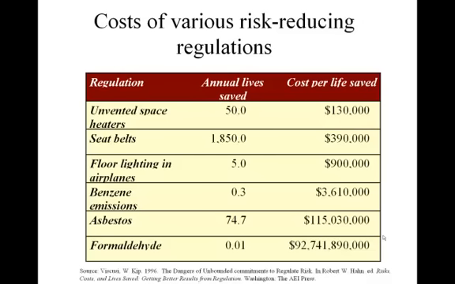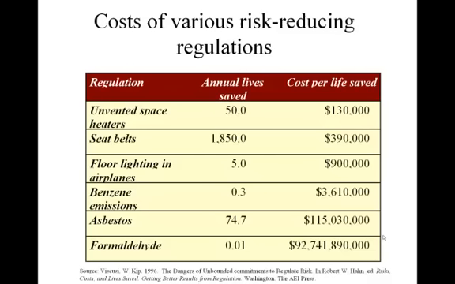Formaldehyde is another extreme case where we've got regulations. Maybe the cost of those regulations is not so onerous, but we're hardly saving any lives. On average, only 1/100th of a life is saved every year in the United States, which leads us to a cost per statistical life of $92 billion.